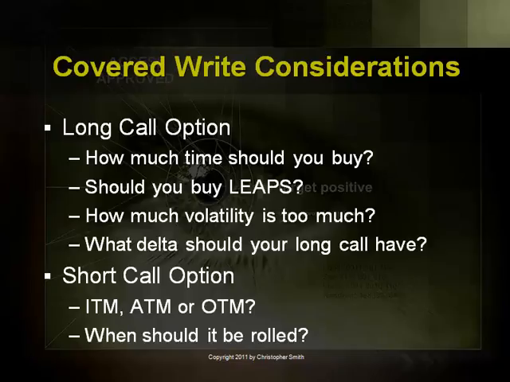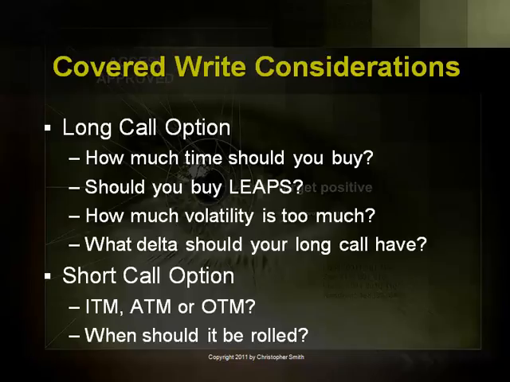And if that's the case, you're going to have more time value or more extrinsic value in that option than you might have originally planned for. And that means you now have theta concerns in your back month. And so you may want to either roll that option out and buy an option that's further out in time, or you might want to close the trade.